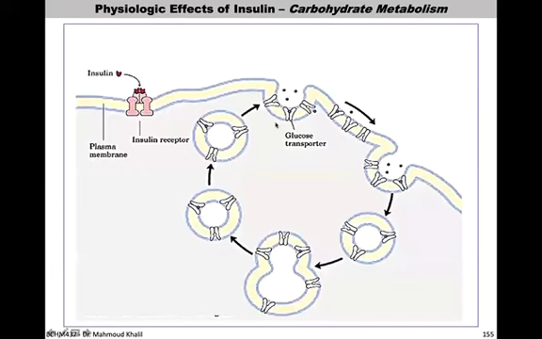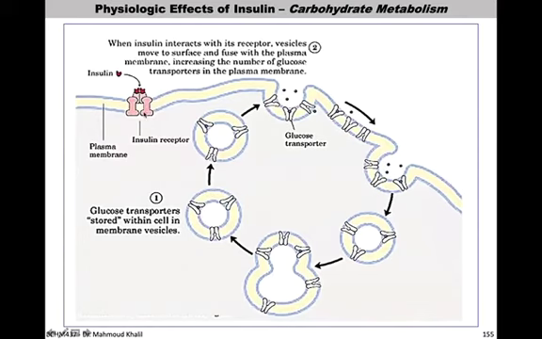So let's see what's happening in the process of recruitment. Starting here, the insulin binds to the insulin receptor. Initially, the glucose transporters are stored inside the cytoplasm in the form of membrane vesicles.